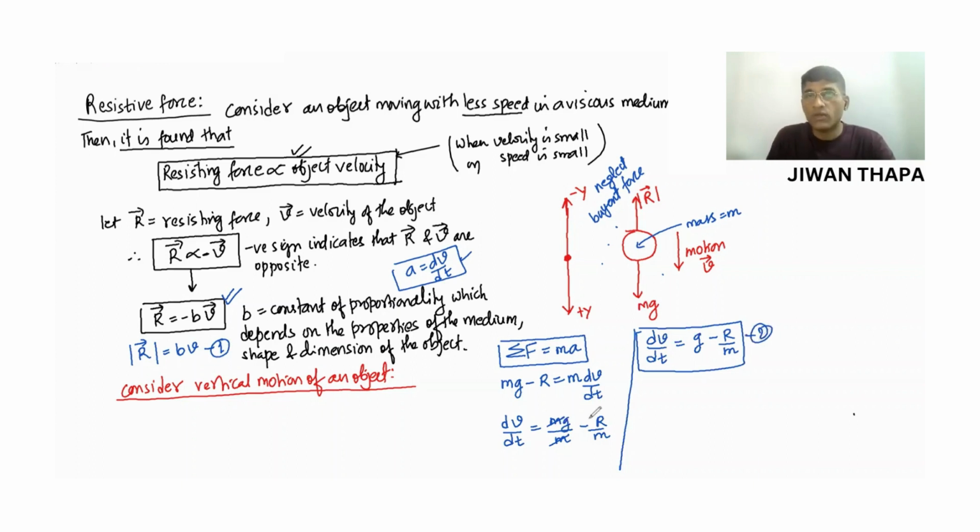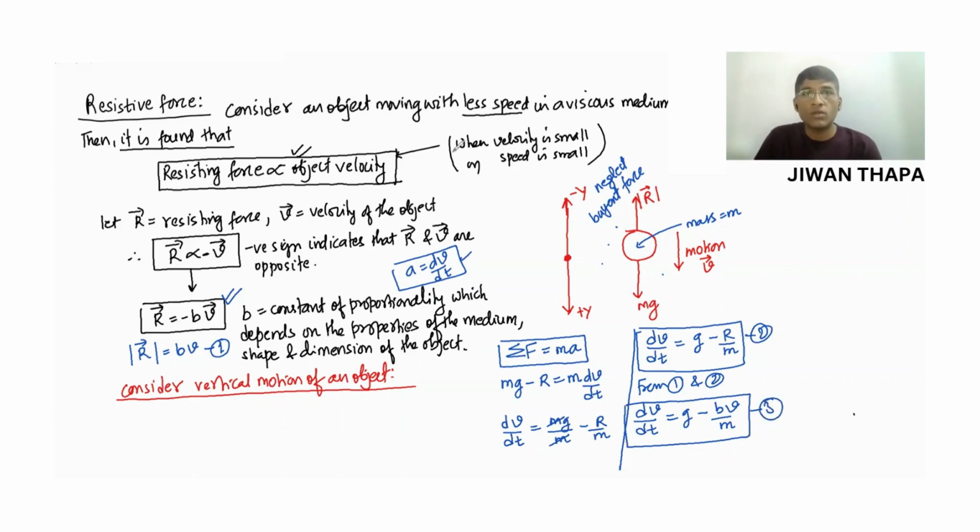So from 1 and 2, dv by dt equals g minus R, the magnitude of resisting force, which is B times V, divided by m. Let's call it equation 3.